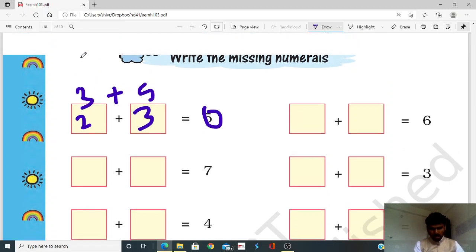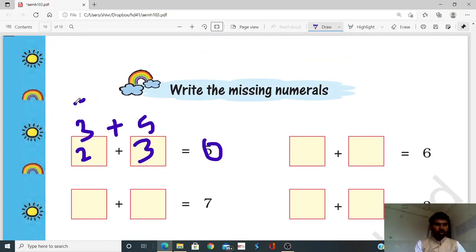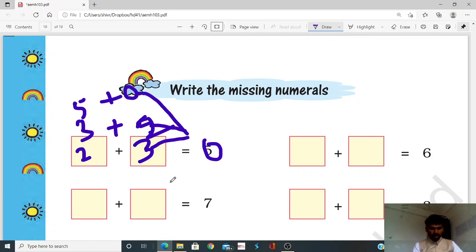Also I can put here 5 plus 0 is equal to 5. All answers will be the same, 5, right?